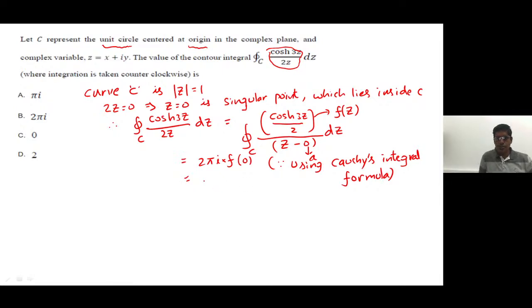There you put z is equal to 0. So 2 pi i into cos h 0 divided by 2. Cos hx means e raised to x plus e raised to minus x, divided by 2, that is whole divided by 2. There you put 0, you will be getting 1. So 2 cancels. This simplifies to pi i. So the answer is accordingly option A. So this is the end of the question.